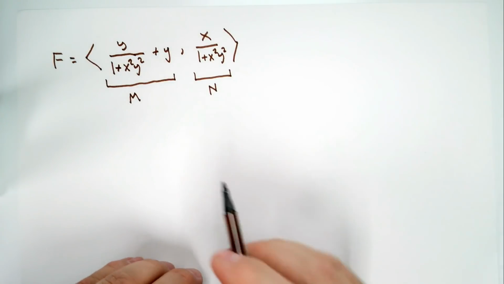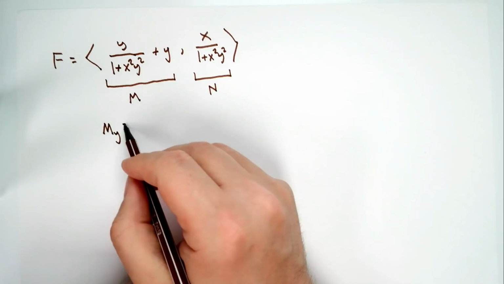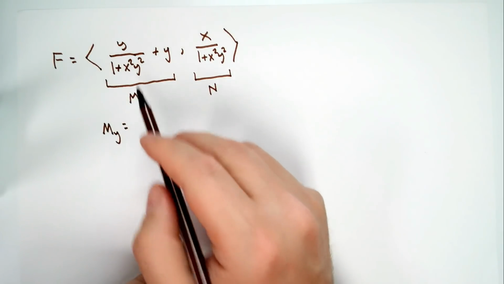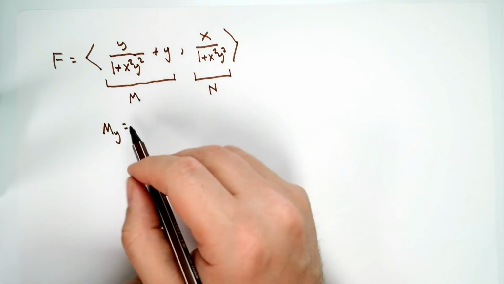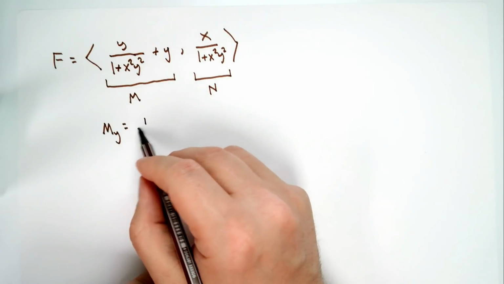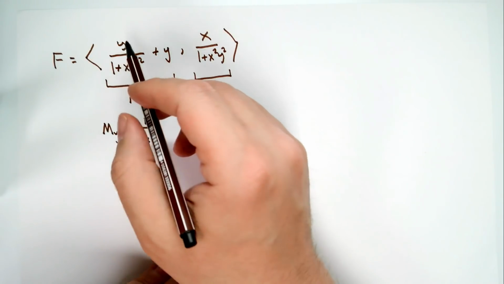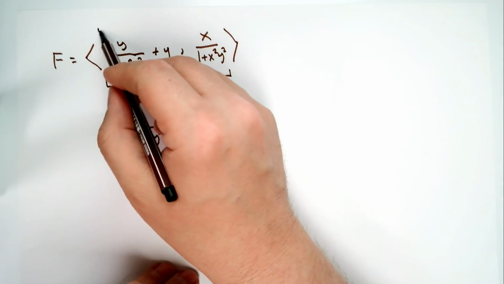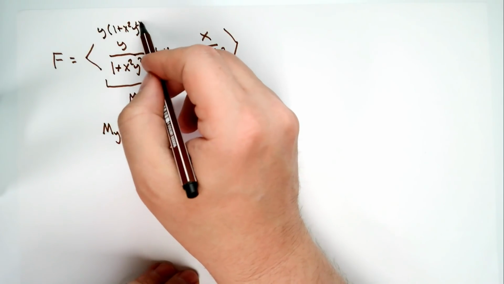And if we do this, well, we look at what is m sub y. According to the rule, we would take, well, okay, let's think about this. This would be 1 over 1 plus x squared y squared. So I'm taking the derivative of y. And really what I'm thinking is this is y times 1 plus x squared y squared to the minus 1.